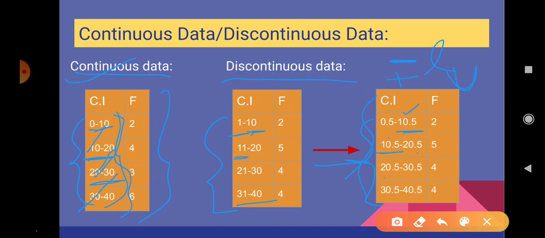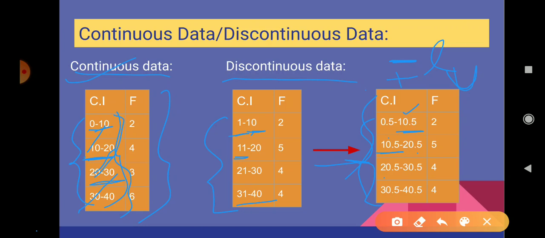Again I am repeating, there are two types of data. One, as we discussed in the previous slide, is grouped and ungrouped. If it is individual values, we call it ungrouped. If it is in terms of class intervals, we call it grouped. And in class intervals we have continuous data and discontinuous data.